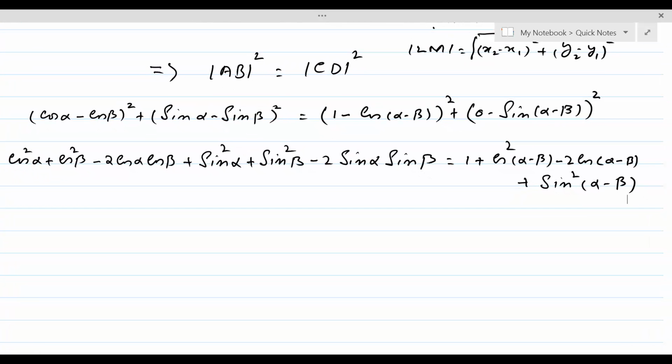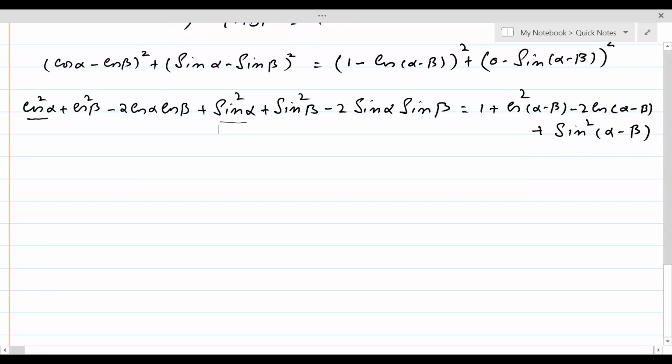And if we apply the fundamental trigonometric identity, that is cos square alpha and sine square alpha, let's get them together.